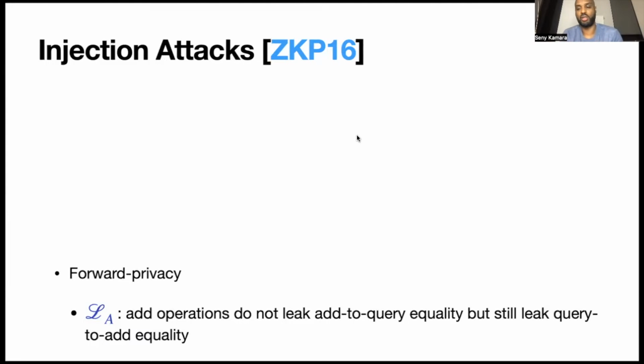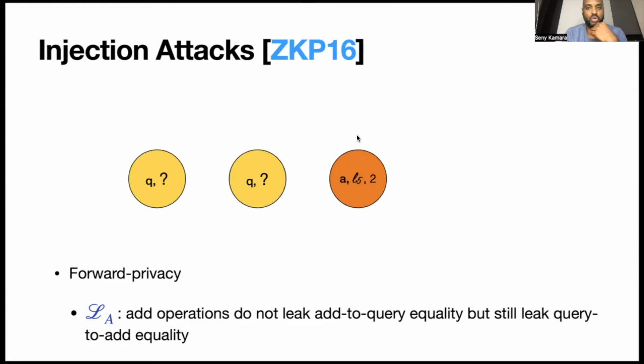To see why, let's do another example. Suppose again I'm doing the same sequence of queries, and the adversary does an injection. Normally, if you had a scheme that was not forward private, the adversary would learn a correlation between this injection and the first query.